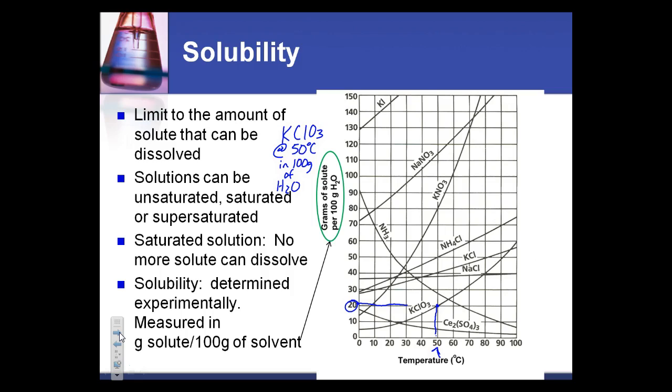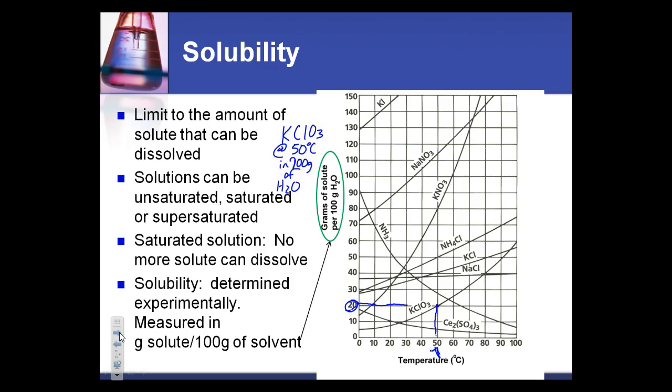A tricky type of question would be, how much potassium chlorate do I need to add to 200 grams of water at 50 degrees C to get a saturated solution? Well, again, you would read the graph, and at 50 degrees C, 20 grams can be supported by 100 grams of water.